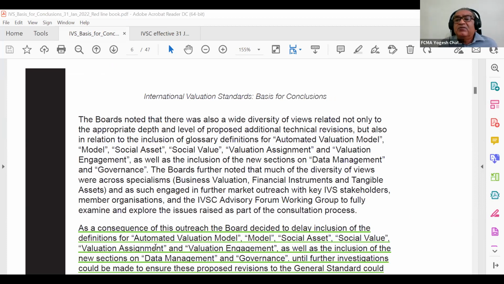This IVS had invited public comments, and there were a variety of different public comments. So for now, they have avoided providing the meaning of an automated valuation model, or social asset, or social valuation assignment, or valuation engagement. So this is very important.